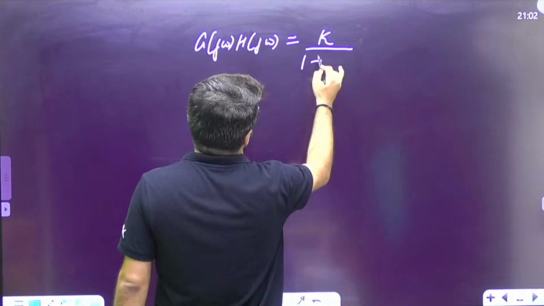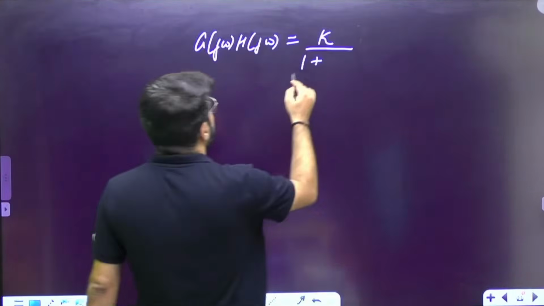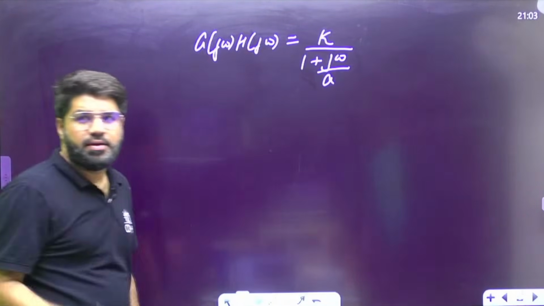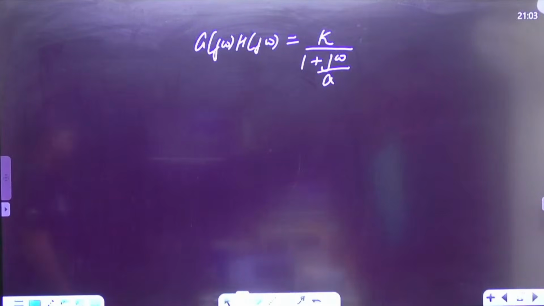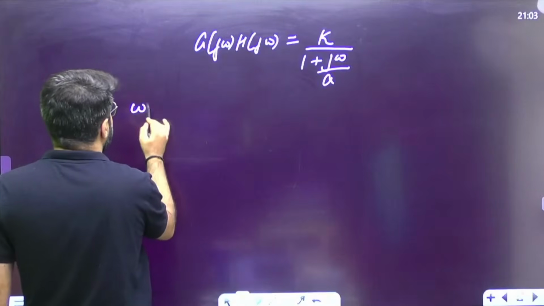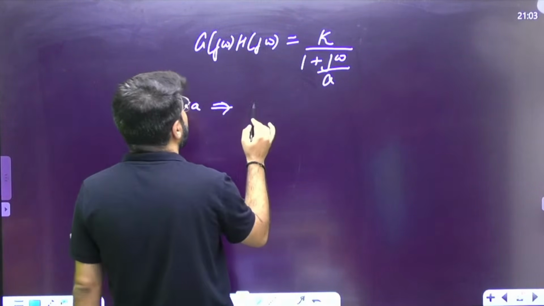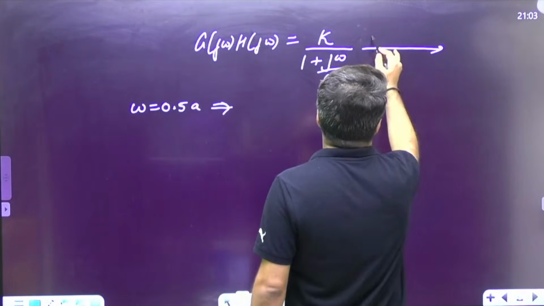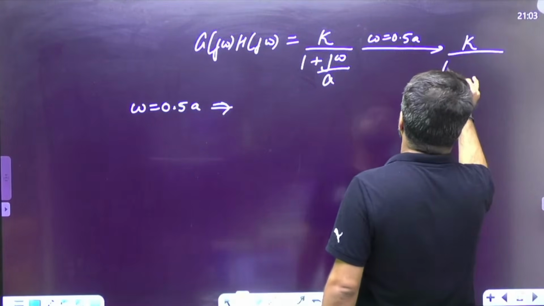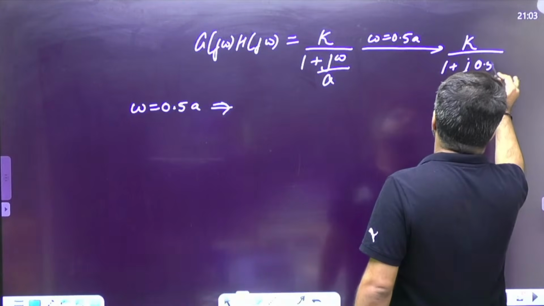G(j omega) is K upon 1 plus s by a, so K upon 1 plus j omega by a. Now see, what is going to be the result at omega equal to 0.5a? When I put omega equal to 0.5a, this becomes K divided by 1 plus j omega by a, the a will cancel, 1 plus j 0.5.